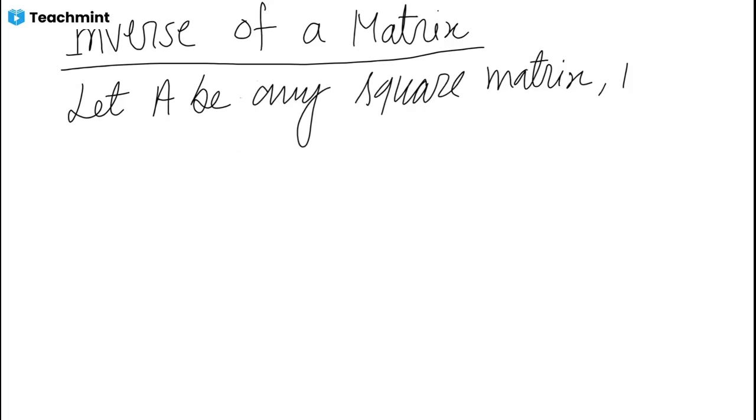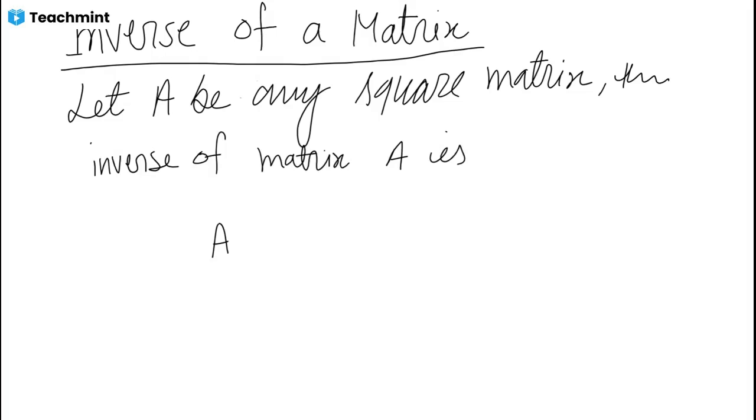Then the inverse of matrix A is denoted by the symbol A inverse, and this is 1 by determinant of A into adjoint of A. So we already know how to find the determinant. Now we need to know how we can find this adjoint.